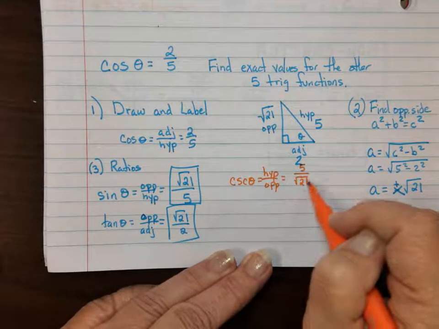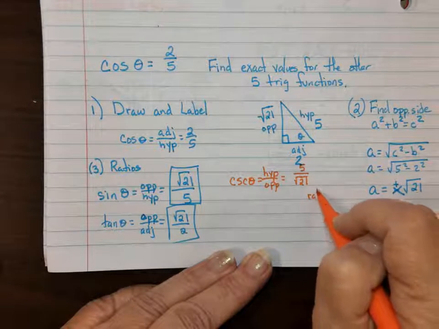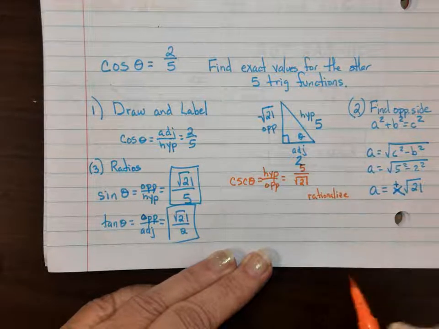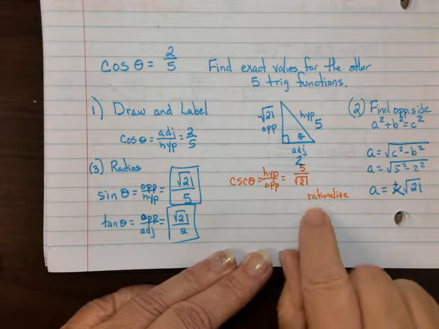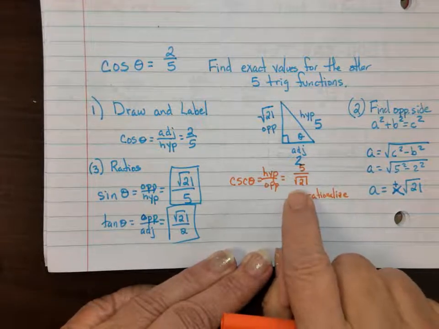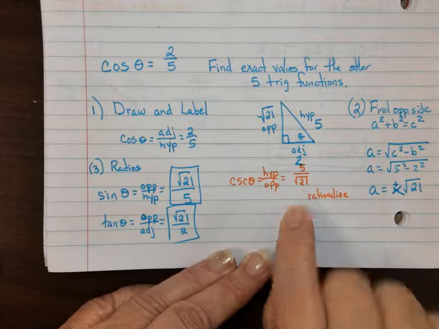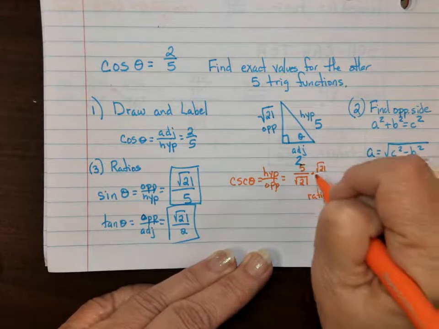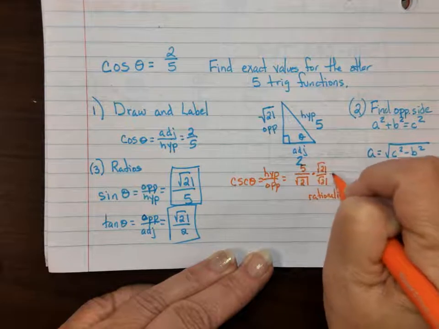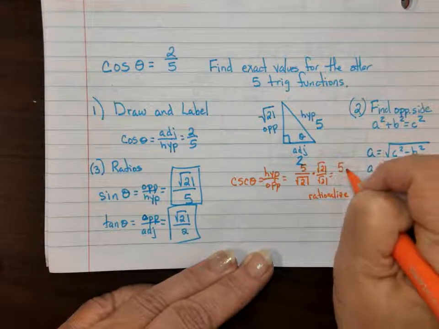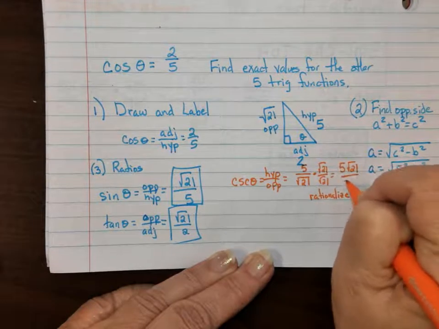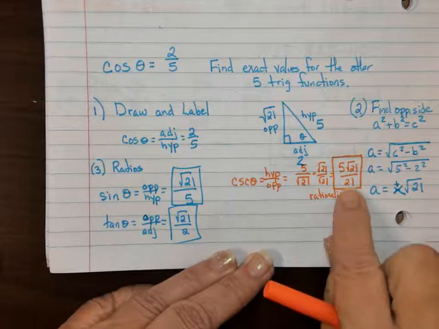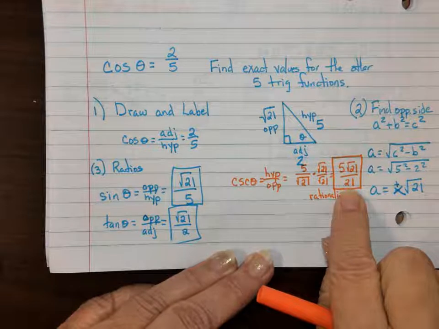We're going to rationalize that denominator. So we want the denominator to be a rational number. Right now the denominator is an irrational number. So we're going to multiply by square root of 21 over square root of 21. And we're going to get 5 square root of 21 over 21. Now our denominator is a rational number.